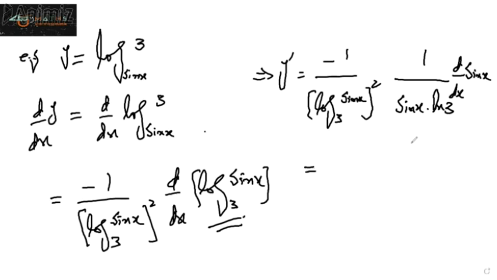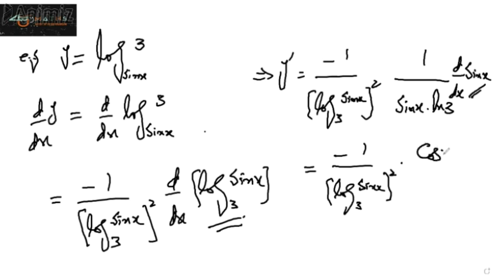That is, we know the derivative of sine x is cos x. So we will replace that derivative of sine x by cos x, and in the denominator we have sine x along with natural log of 3.